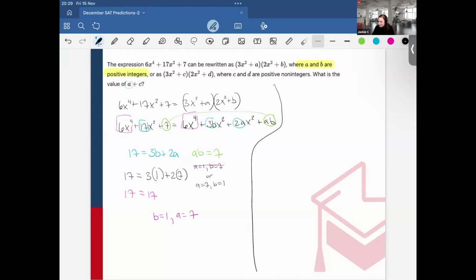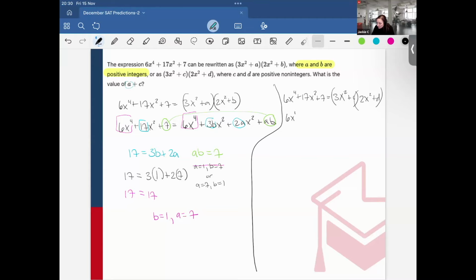More complicated. So here, again, we have the same expression: 6x to the fourth plus 17x squared plus 7 is equal to 3x squared plus c, multiplied by 2x squared plus d.